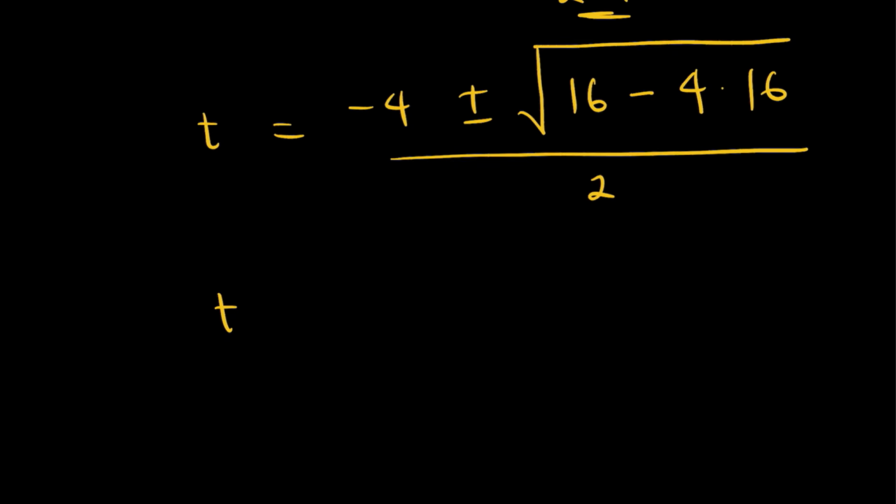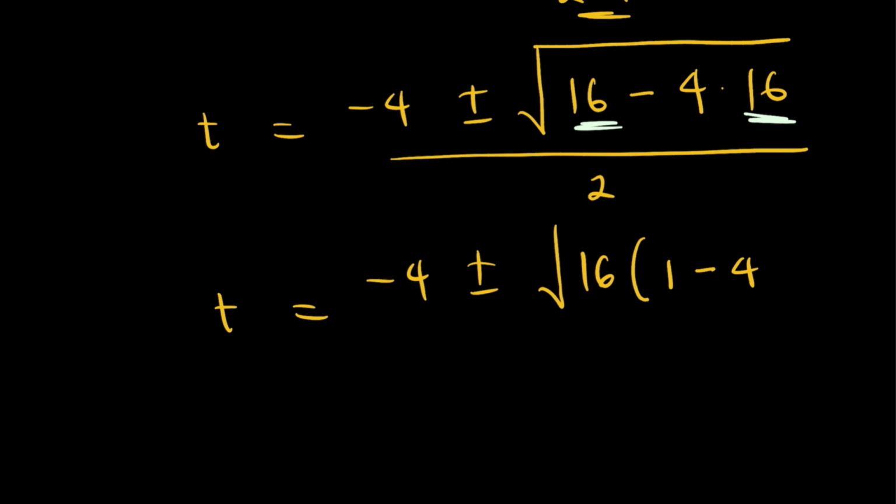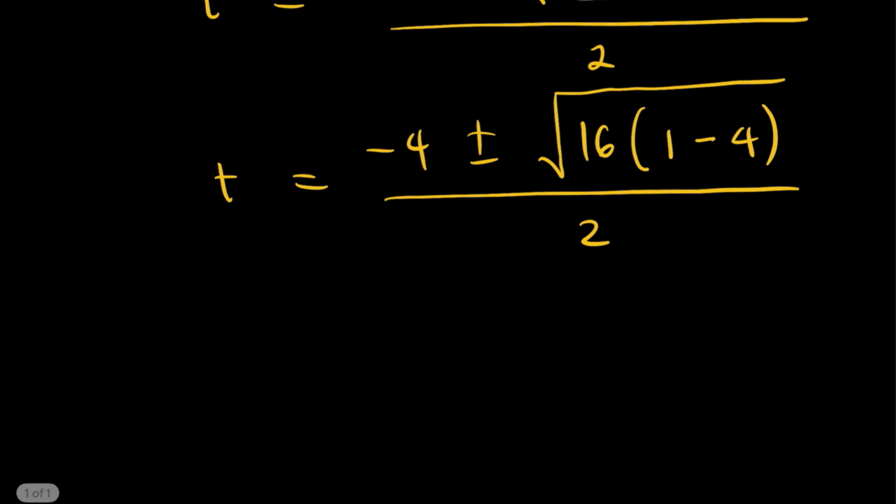This will give us t is equal to negative 4 plus or minus square root of, we can see that 16 is common to both expressions, so we factorize 16 into 1 minus 4, square root of that, then divided by 2.